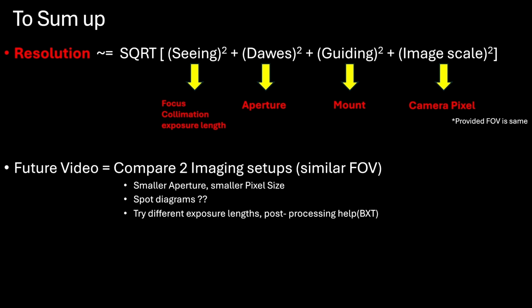I want to test telescopes with better spot diagrams and see if that helps with resolution, and importantly explore shorter exposure lengths and see how all these factors, either combined together or tested separately, affect the final resolution in my image.